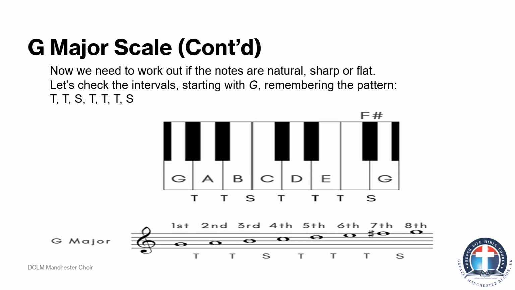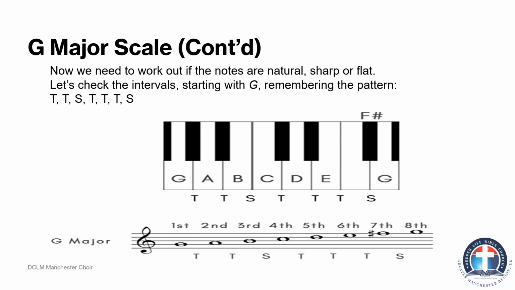Now between the G and the A, you have a black key, so the distance between the G and the A is a tone, and also between the A and the B is a tone. Now consider the distance between the B and the C. There is no black note in between the two white notes.